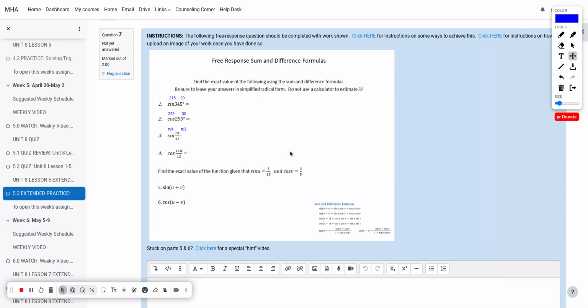So this one is going to be 3 pi fourths and, nope, not fourths, sixths.